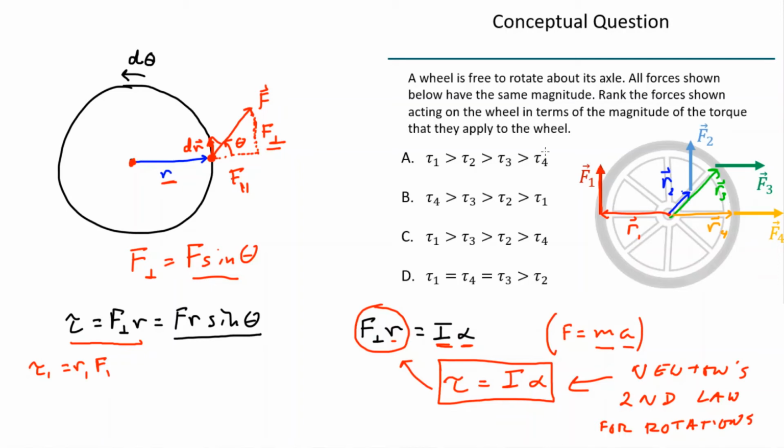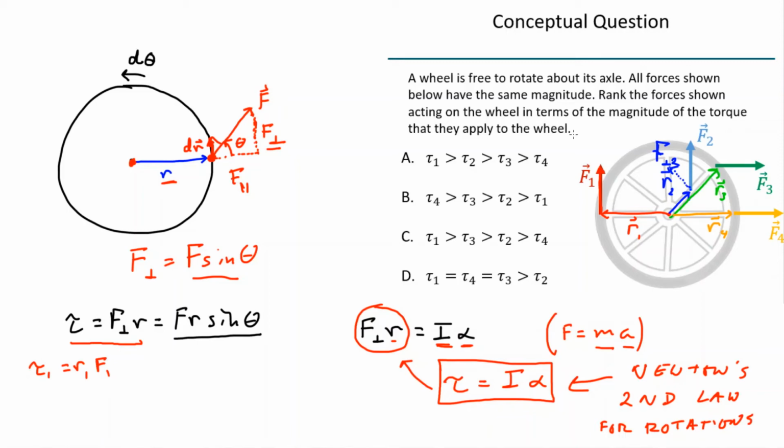For F2, this force makes an angle with R2. This is F perpendicular 2 here. It's going to be smaller than F2, right? Not all of F2 points perpendicular to R2, just a component of it does.